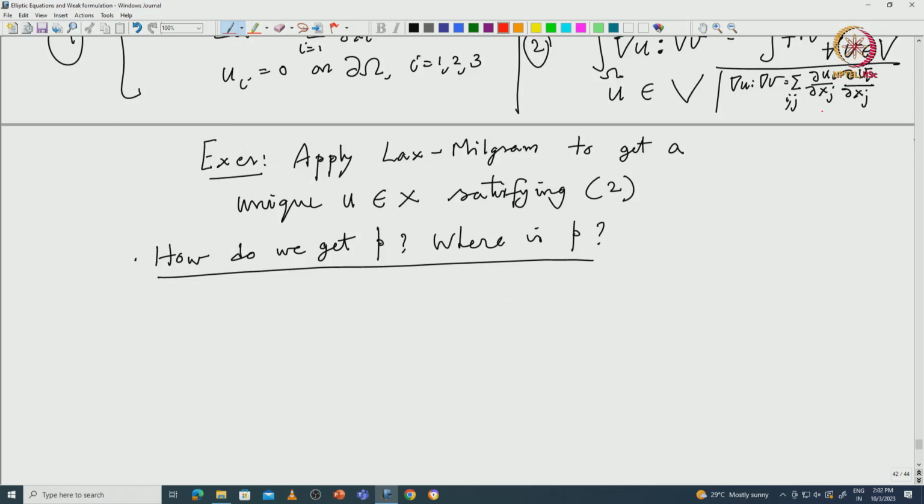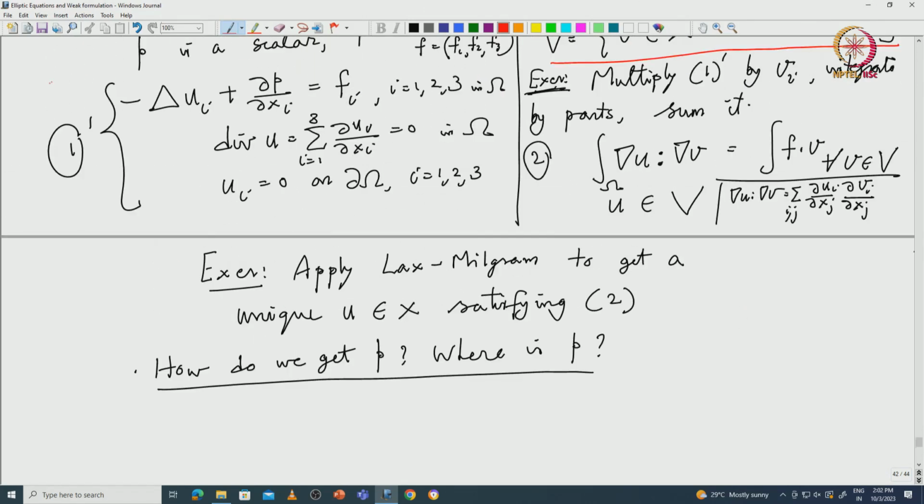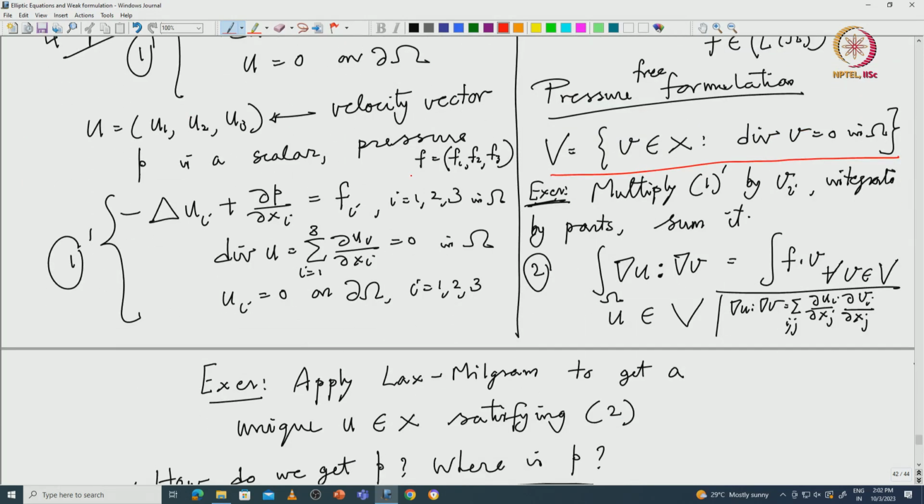In other words, 1 is the strong formulation. So, you have your 1, the strong formulation here, and then you have your 2, the weak formulation.